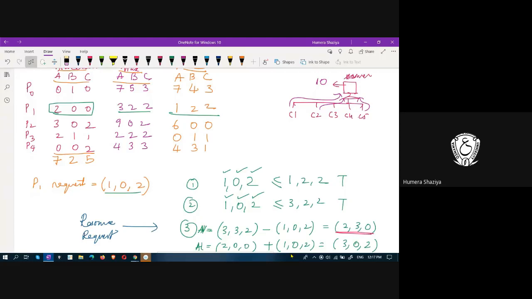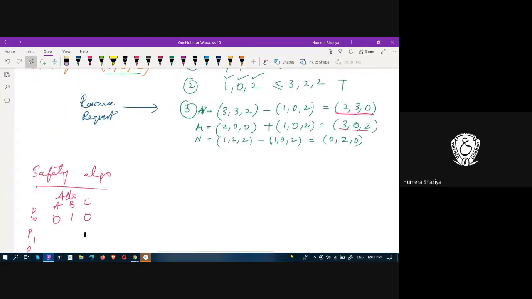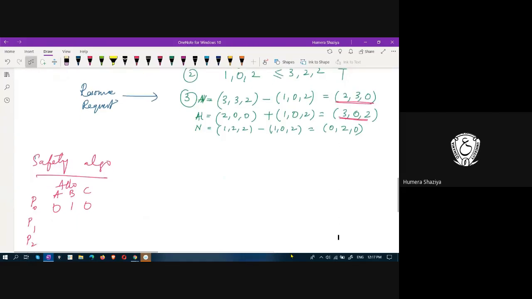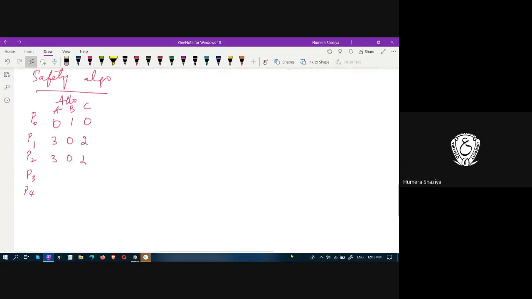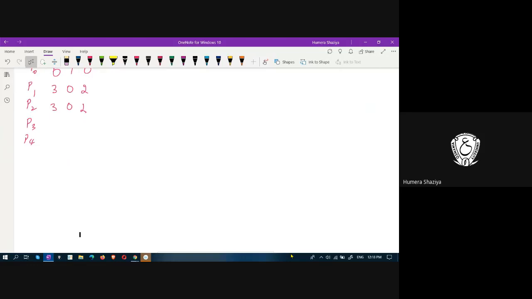New allocation of P1 is 302. Earlier it was different, but after it requested 102, it now has 302. And P2 is already 302, P3 is 211, and P4 is 002.